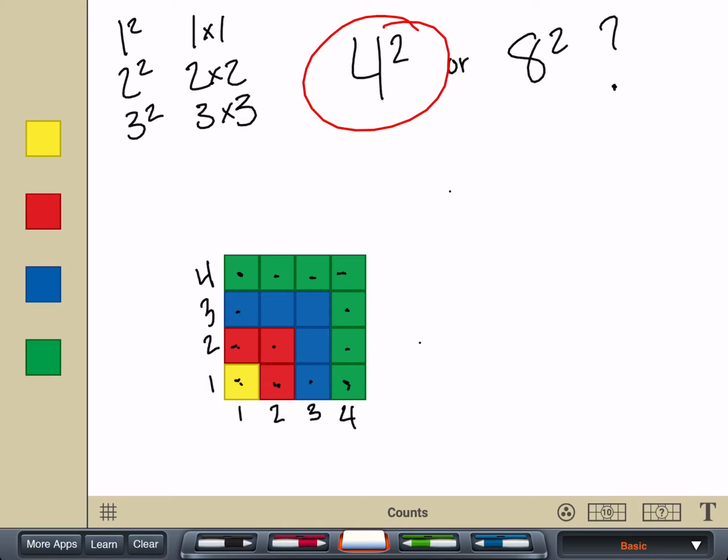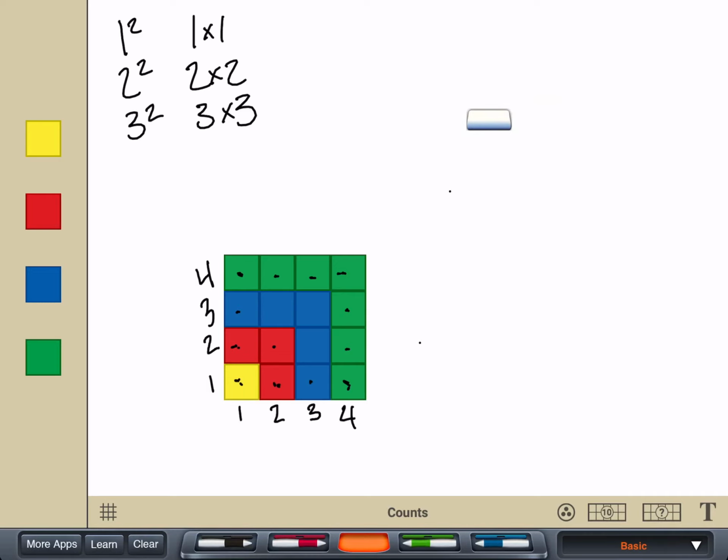All right, we will add the next number. Okay, so we have done 4 squared, which is 4 times 4. Okay, now let's add the next number. So we have 1, 2, 3, 4. What comes next?